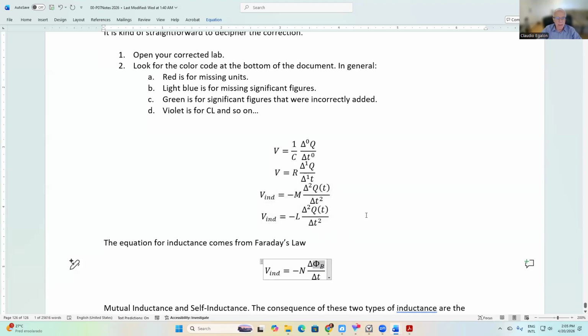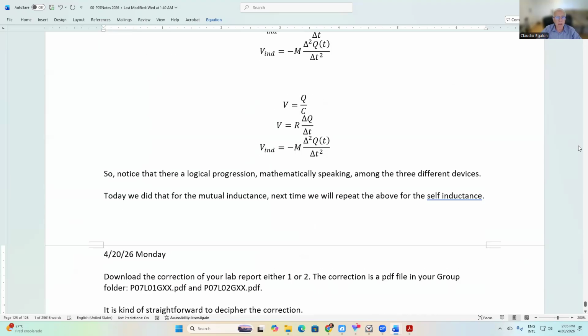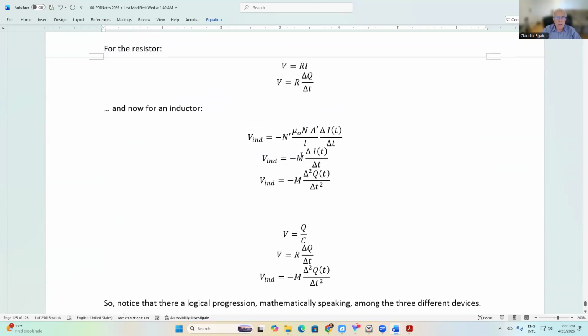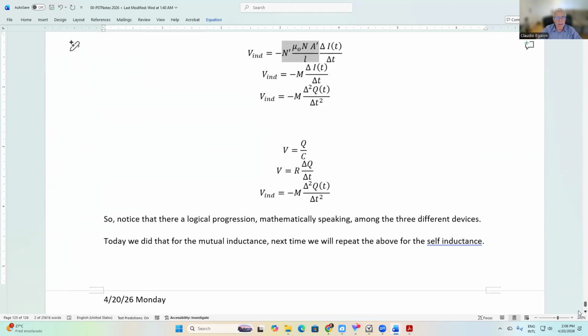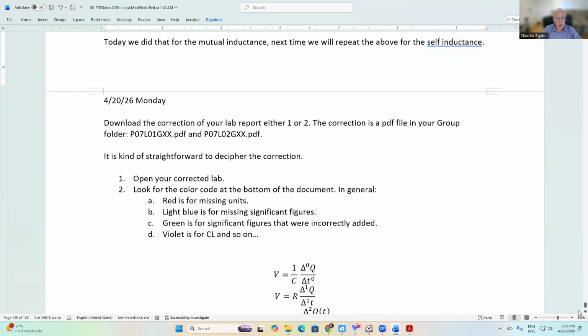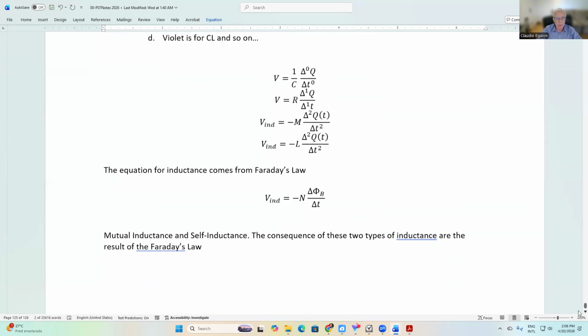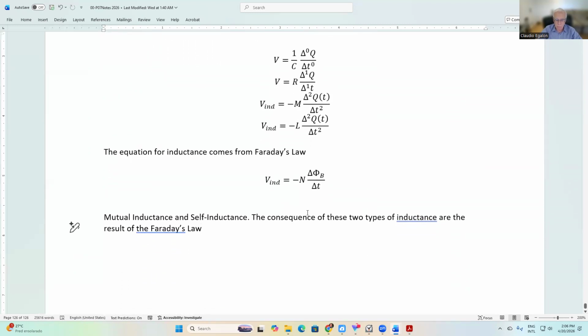Okay, and the mutual inductance equation that we derived last class, going back here, is given by this term right in here. I'm going to remind you exactly what each parameter is. Mutual inductance.